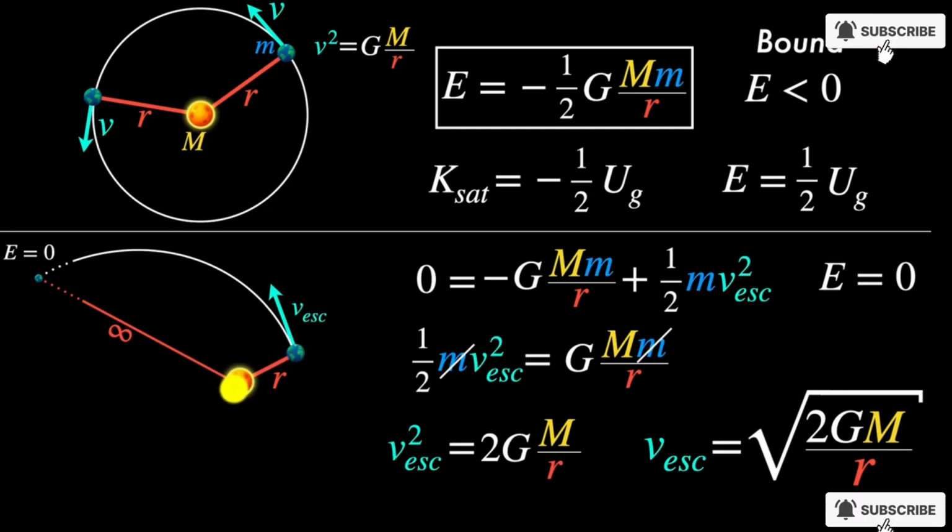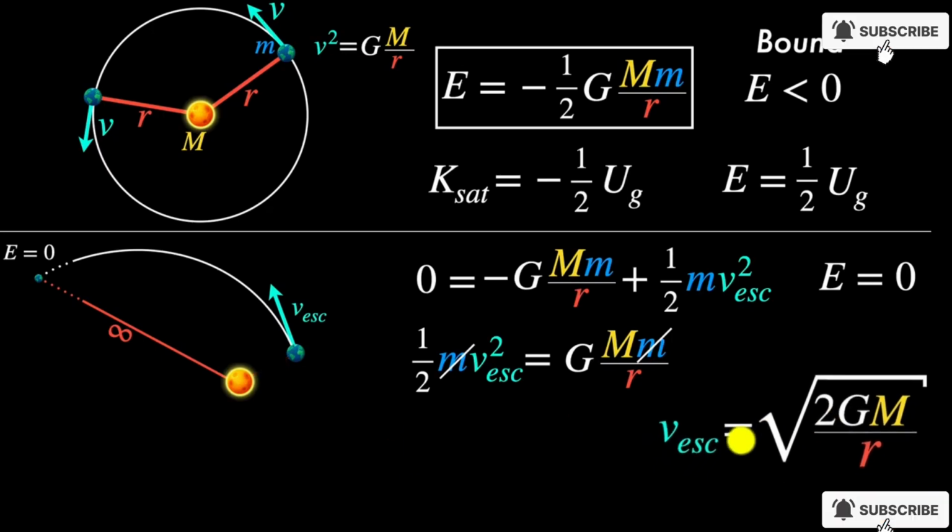The surface escape speed from the sun is about 618 kilometers per second. Anyways, we now understand: if an orbiting satellite or an orbiting planet has this particular speed at a given position, then the total energy is zero, and the object would just escape the parent body, right?